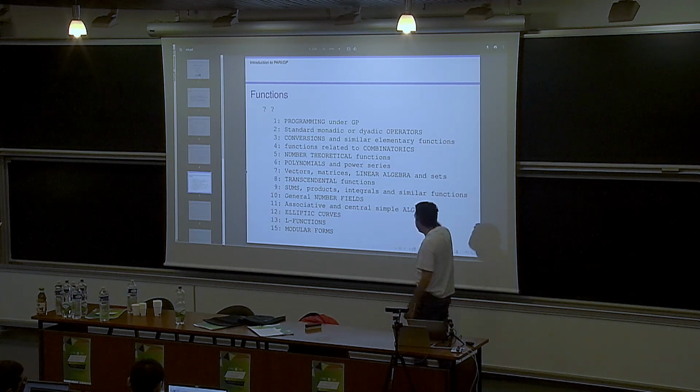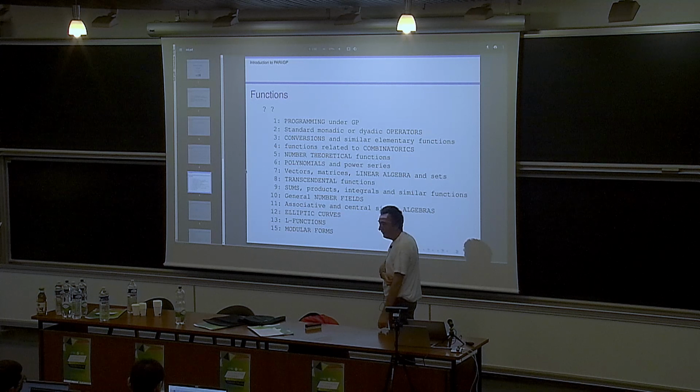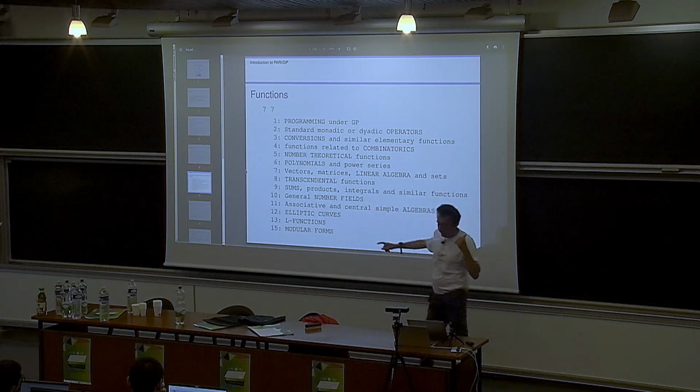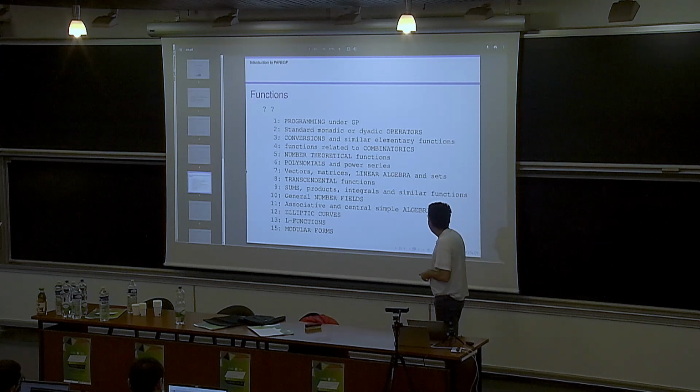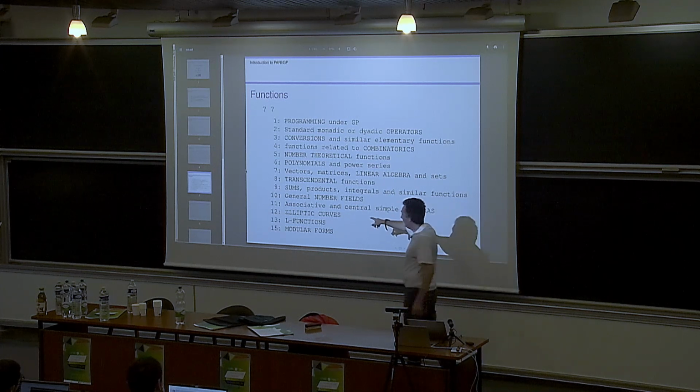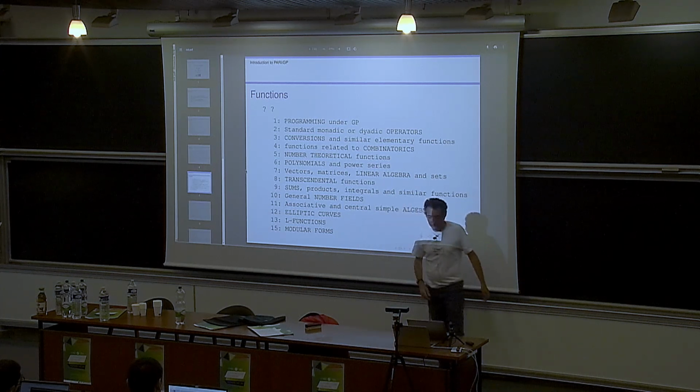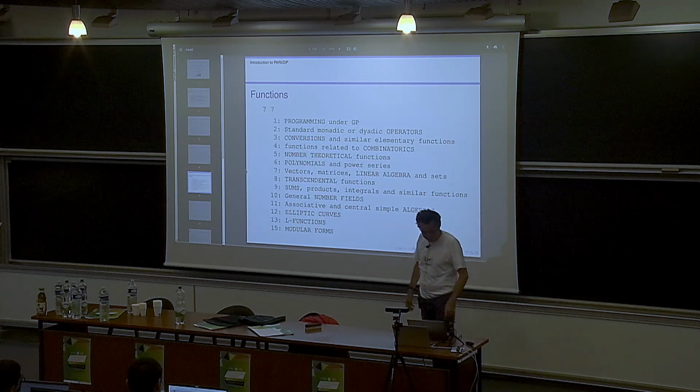We have sums, products, infinite integrals, this kind of thing. We have functions for general number fields, we will see at the end of the talk. We have functions for central algebras, for simple algebras. For elliptic curves, L-functions, modular forms. You will see other topics that are not listed here, but it's the most important one.